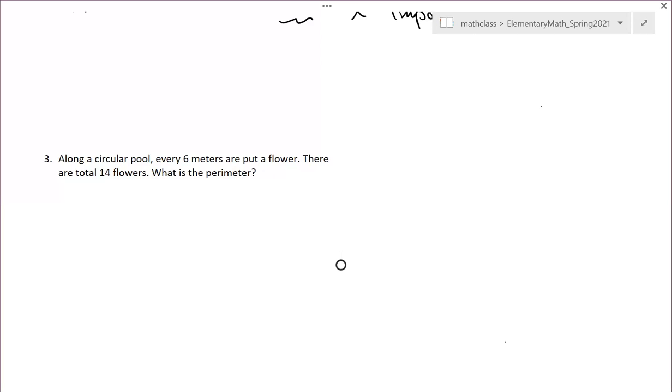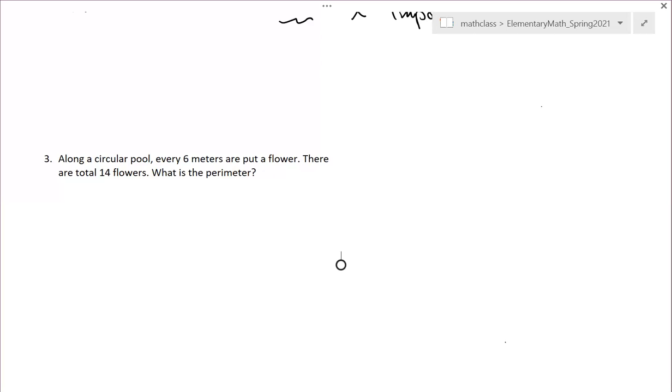Okay. So if there are 2 flowers, how do you do that?